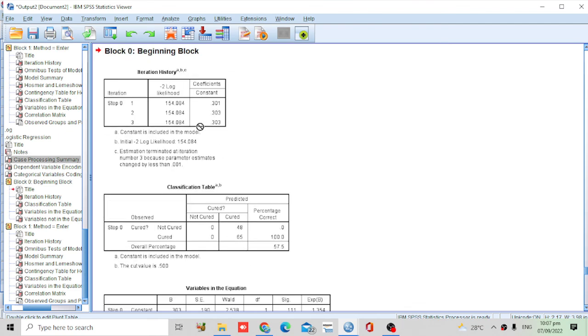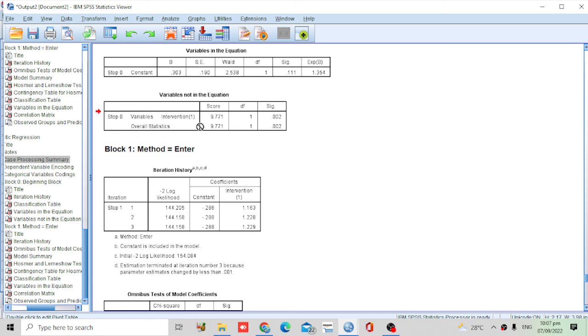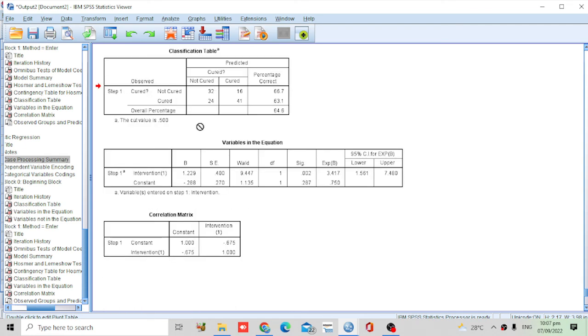So as you can see, significant na yung ano. So meaning we have now a final model.